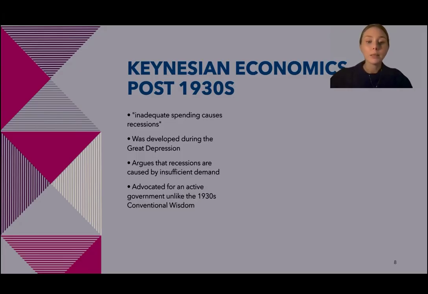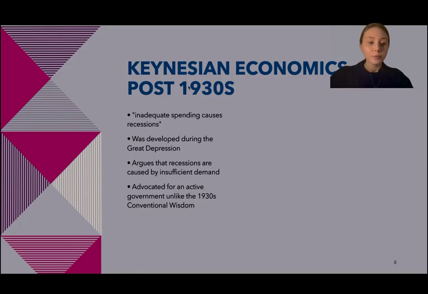When people and businesses cut back on spending, production slows and unemployment rises. So he believed that the government should intervene to boost demand through fiscal policy, which changes taxes and government spending.